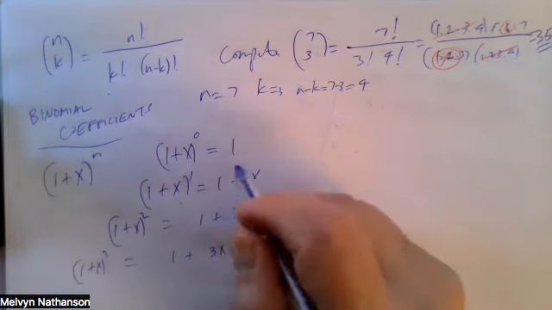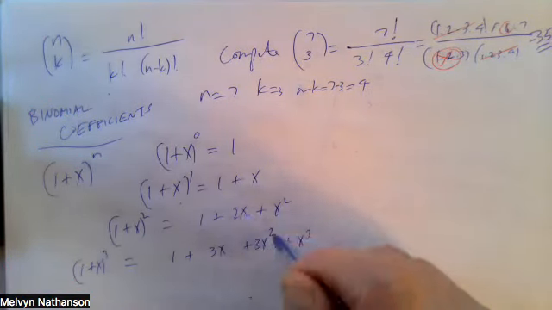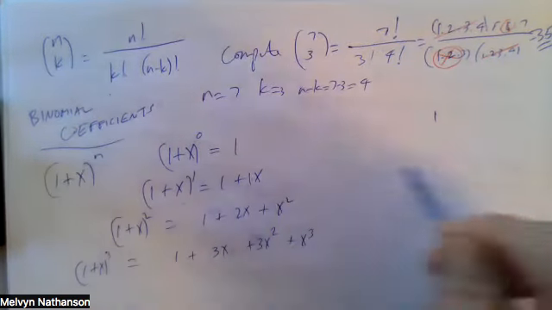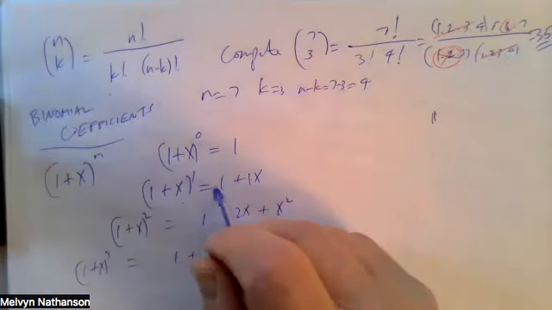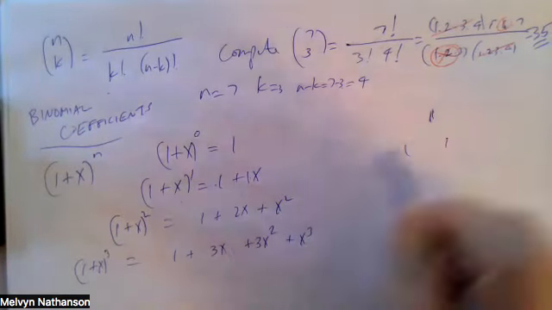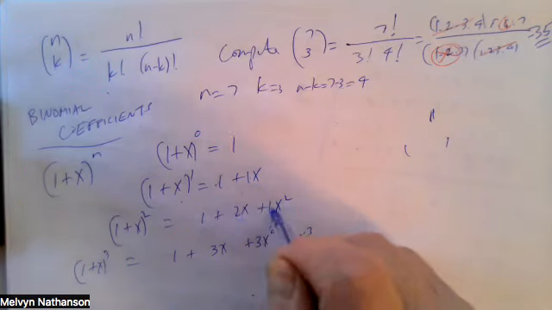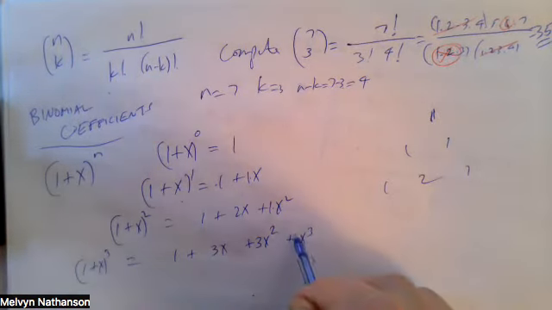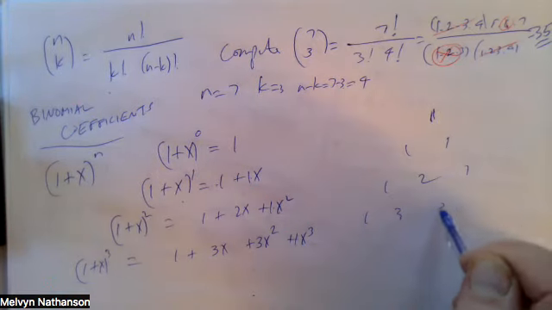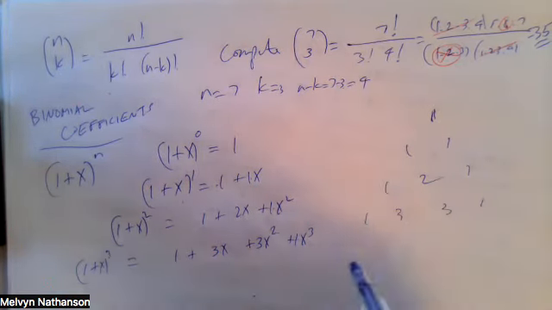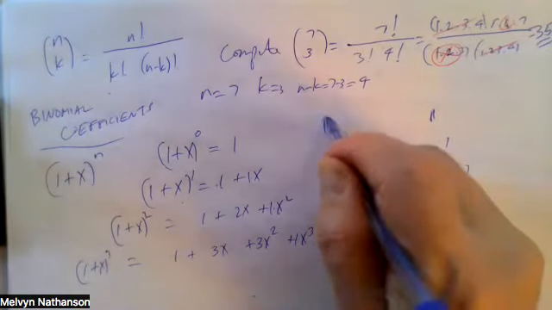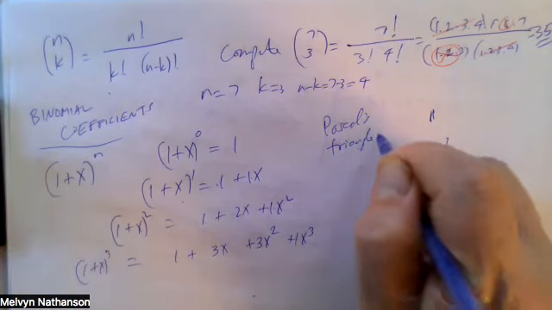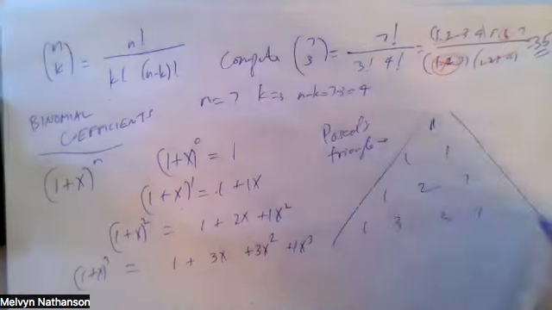And if you look at the coefficients in these polynomials on the right-hand side, this is 1. This is 1 times x, 1, 1. This is 1, 2 times x, 1 times x squared. This is 1, 3, 3, 1 times x cubed, 1, 3, 3, 1. What you see over here is Pascal's triangle.